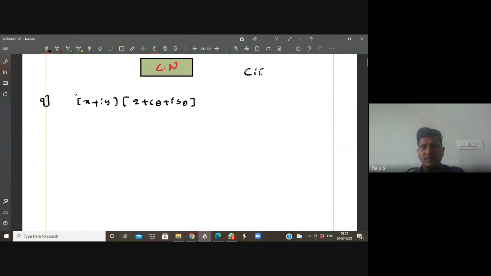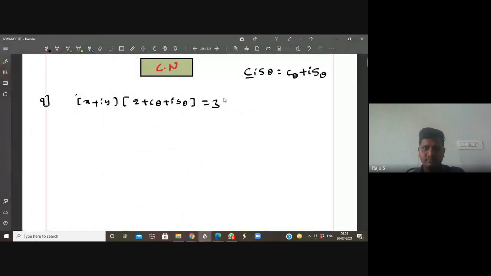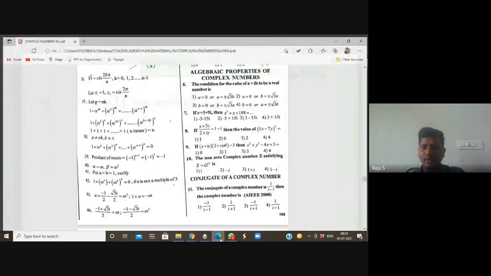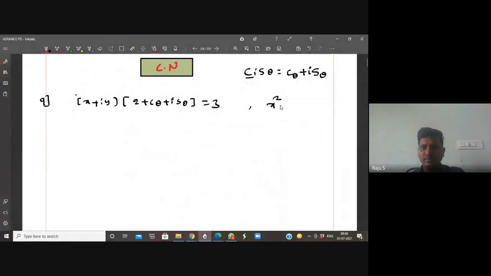Okay, simply remember students, cis theta means c is cos theta, i is iota, s is sin theta. That's it. Cis theta is equal to 3. Then what is the value of x square plus y square?